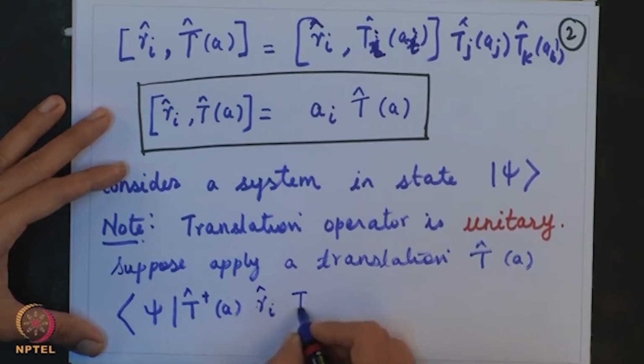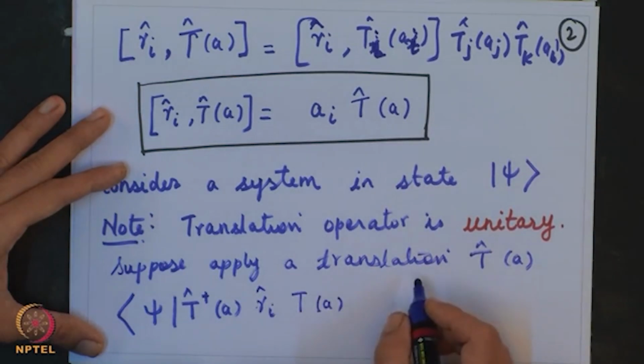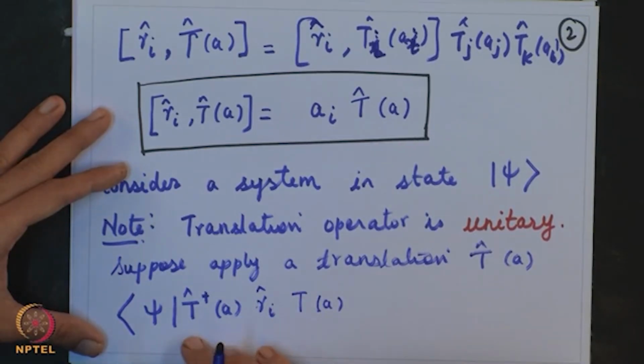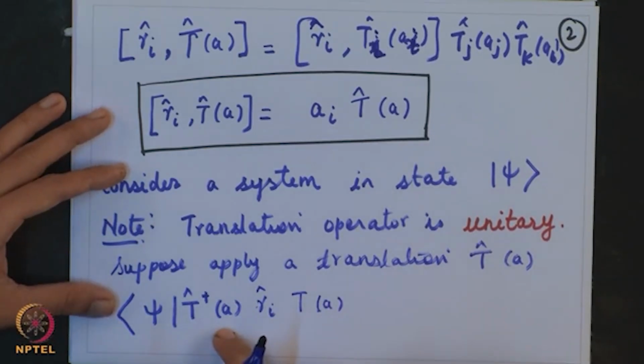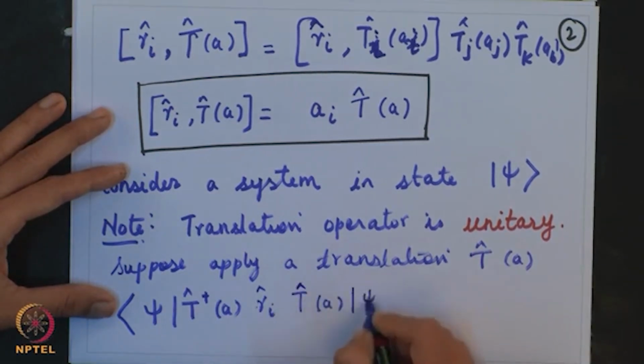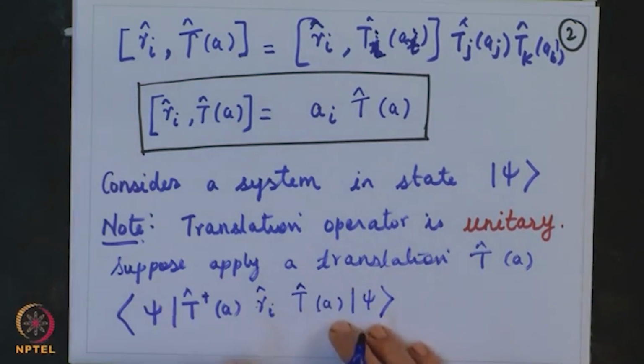We are finding out the expectation value of Ri, this is what we are asked to find, but on this state we are applying the translational operator. So, T on psi on the right and T dagger on psi on the left, because T will become T dagger.